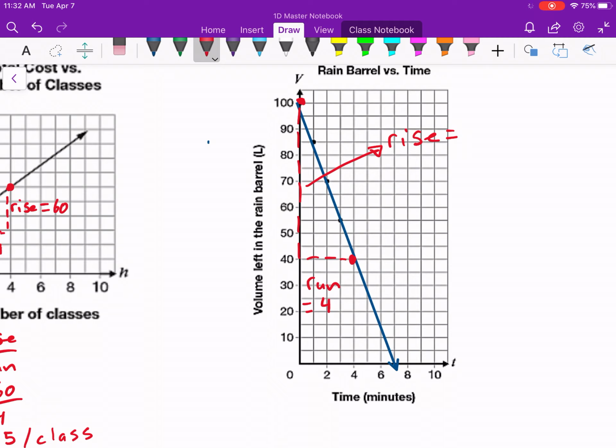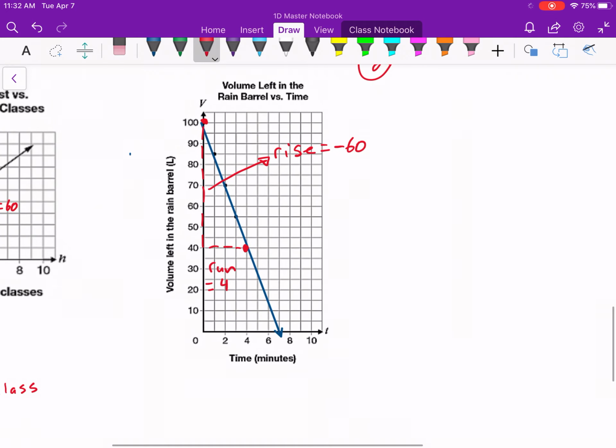If you've been paying attention to what I've been saying up till now, that means it's negative. We've gone down by 60 liters. That negative is important because that'll give us a negative slope, which you should have already predicted from looking at this graph, which is going down from left to right. So, slope, rise over run.